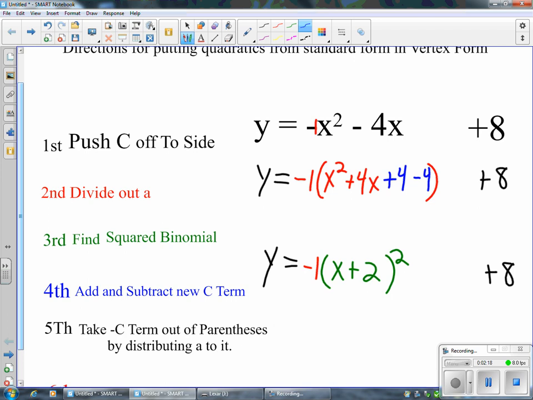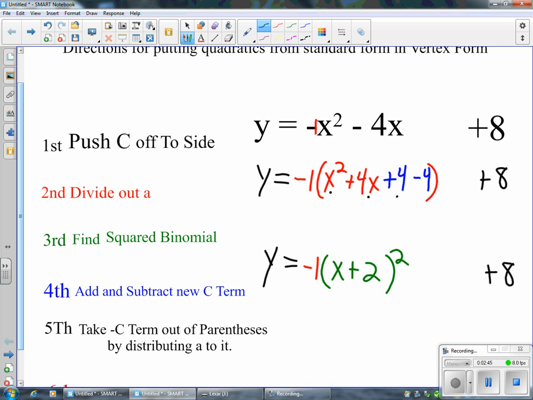Okay, fifth step, I need a trinomial. I need both the x squared, the 4x, and the +4, but what I don't need is that -4 that I have to keep in there for correcting it. So what I'm going to do next, fifth, is take that -4 out of the parentheses by distributing my a to it.